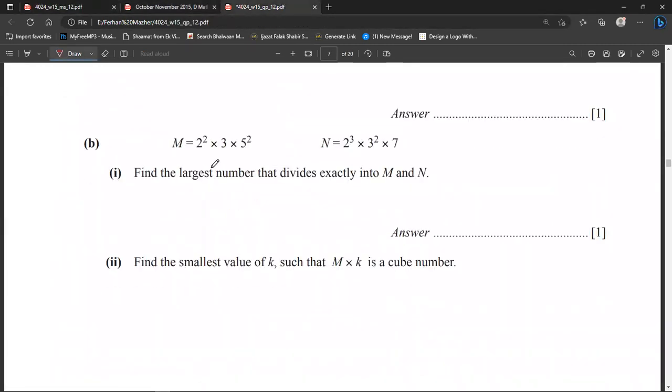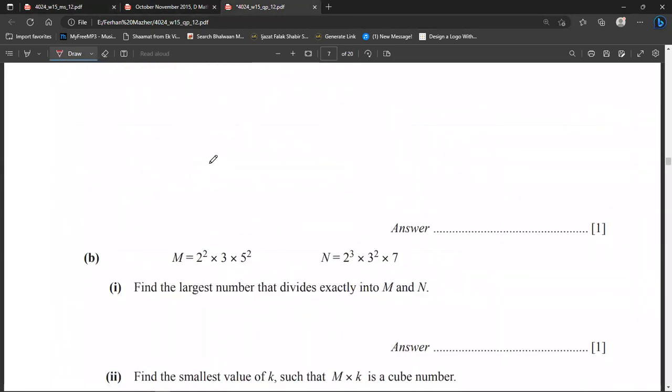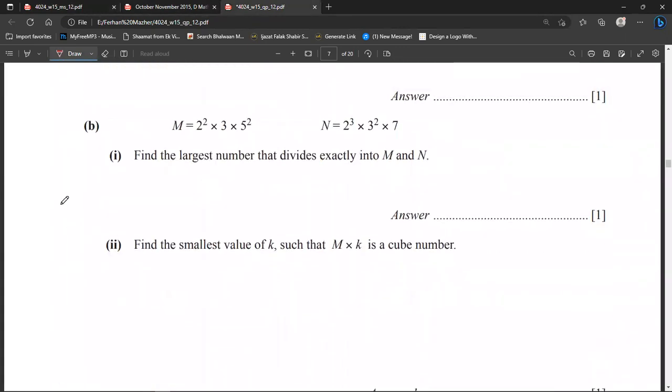Okay, so question number 12, it's B part. Here we have M is given, 2 square into 3 into 5 square, N is given, that is 2 cube into 3 square into 7. Find the largest number that divides exactly into M and N. Okay.